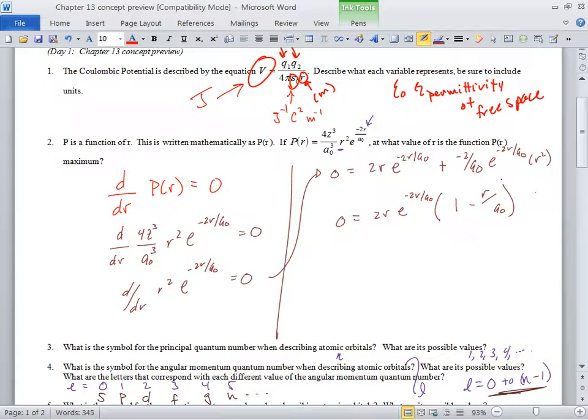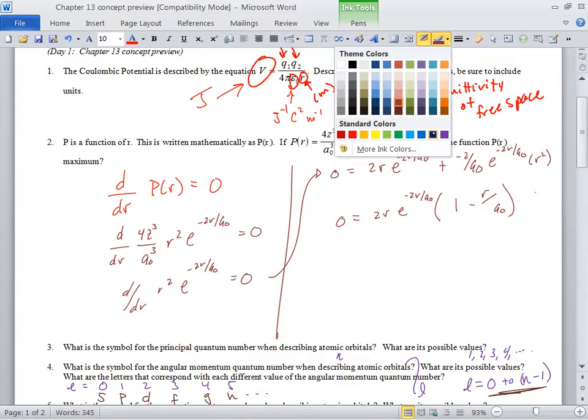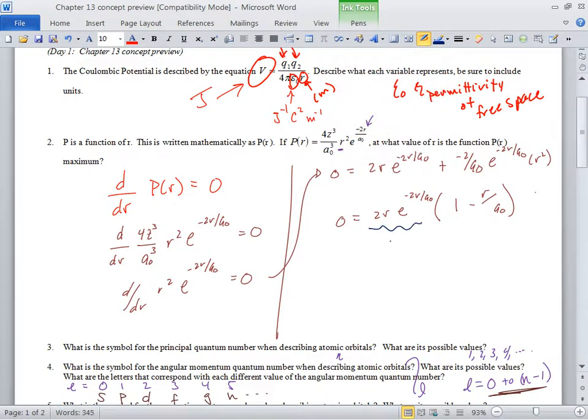So usually you get some number in this story, right? So how do you get zeros out of this? Well, what you've got to do is say, okay, one of these has to be 0. There are your possibilities. Either this equals 0, or this thing could be 0. With the first one, how could you get this to be 0? r equals 0. There it is. Just make r be 0.